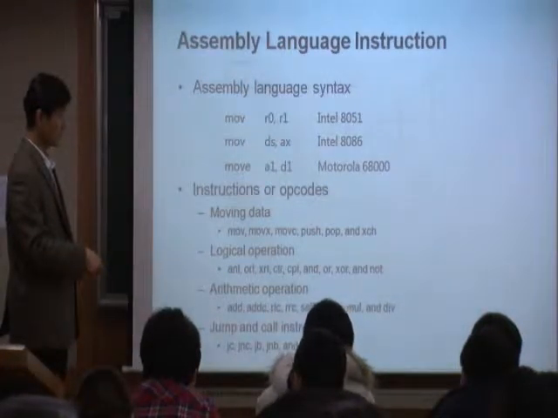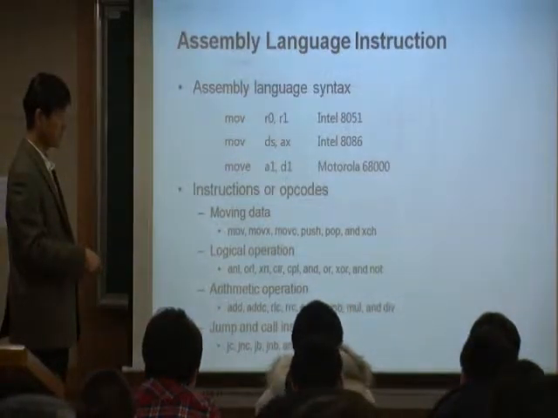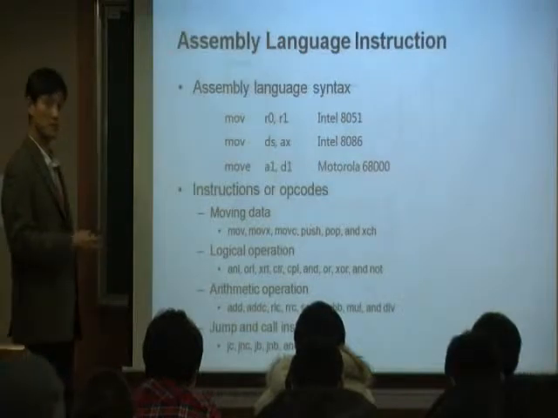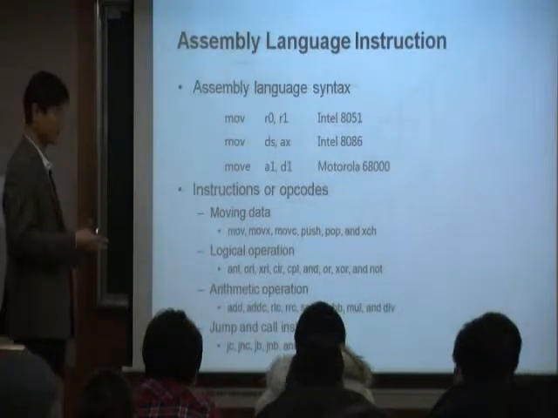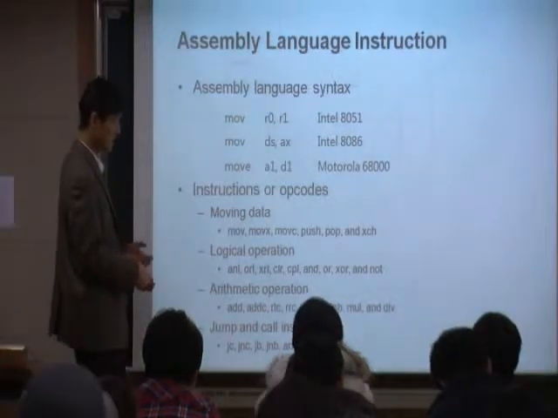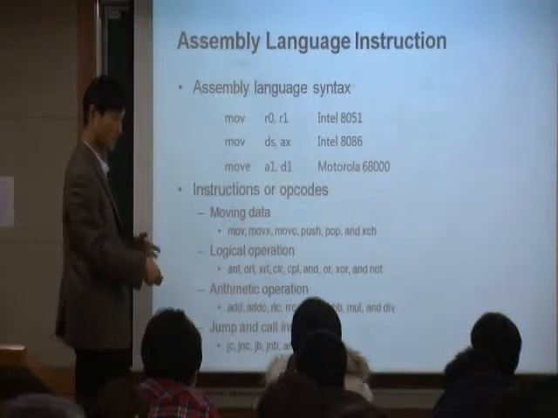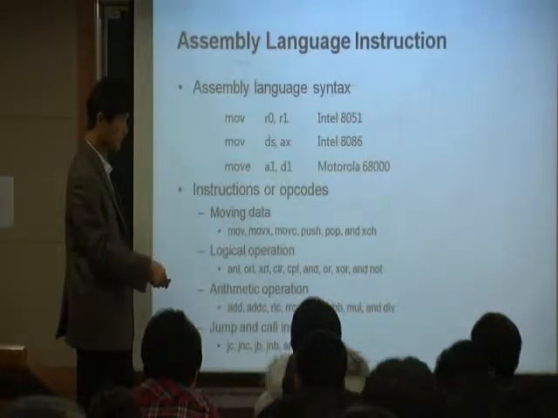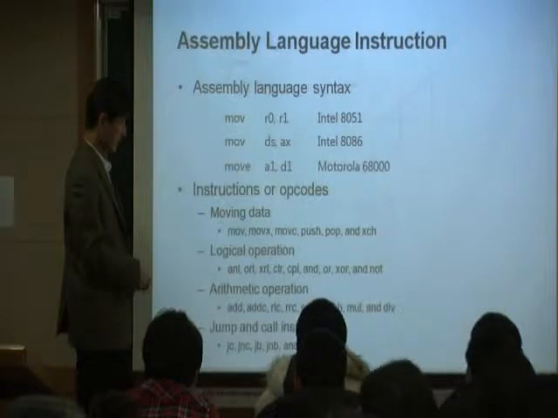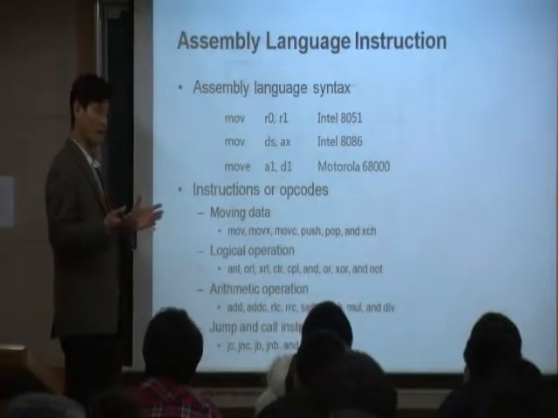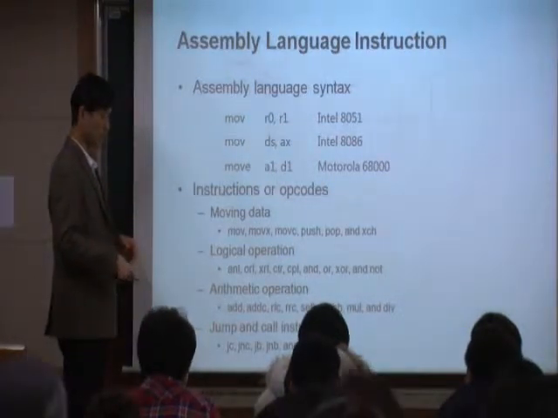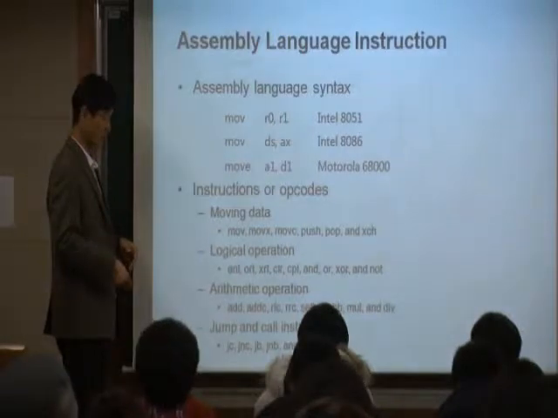And there are also other instructions like arithmetic operations. Arithmetic operation basically means that you're doing calculation, ADDC, you know, some of these things. We'll also cover that in the next slide. And there are also the other category of jump and call instructions. Okay, jump.